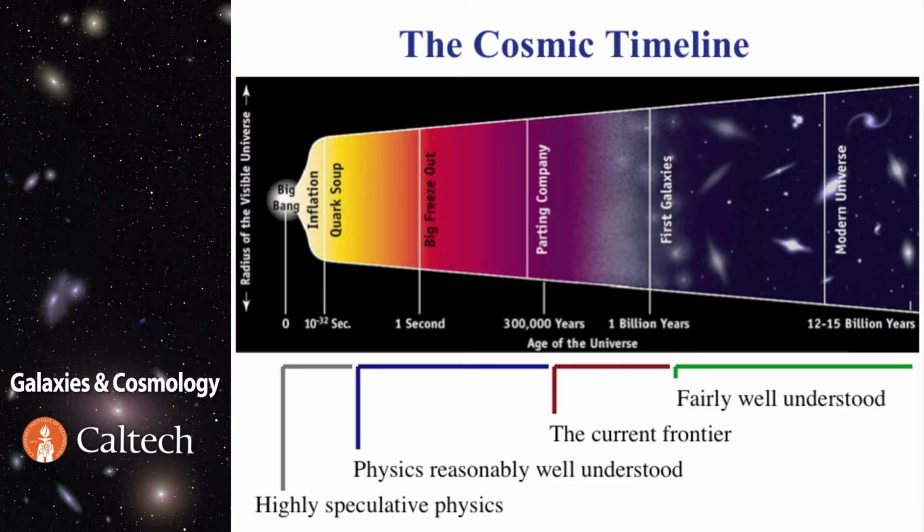Obviously, the deeper in the past we push on this logarithmic scale, the less we understand. But it's actually impressive that we can really address what happened in the universe when it was, say, nanoseconds old with reasonably good accuracy.